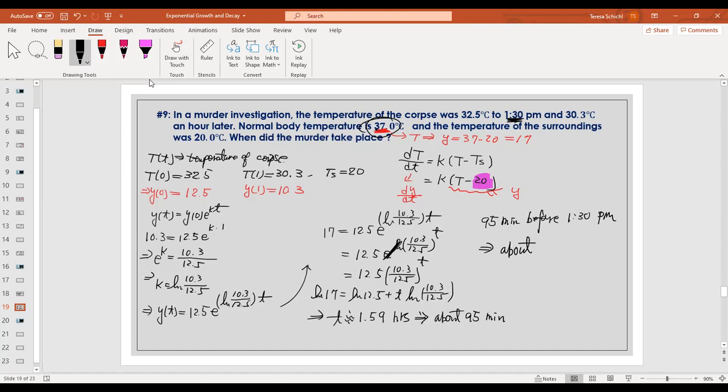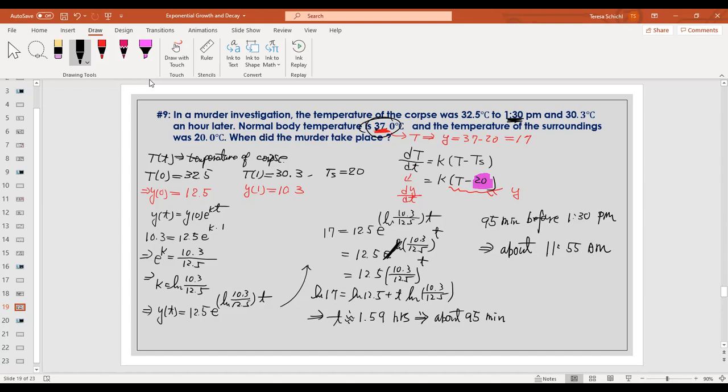So the murder probably happened at 11:55 a.m. here. Okay, so that is how we do it. You see that? So that's why you start, right, with the 37, then you continue to gradually drop to the 32.5 when they first discovered it. Okay, that's how much it decayed.